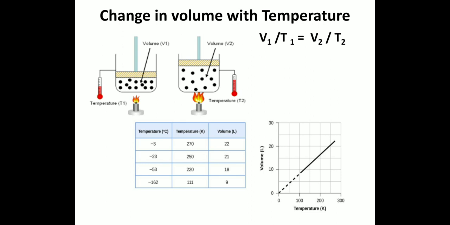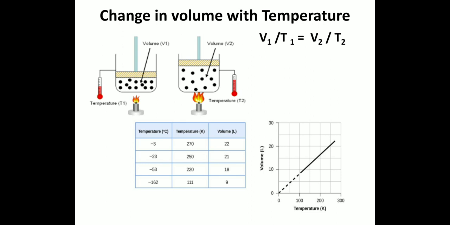It is noted from various observations that the ratio between volume and absolute temperature remains constant, and it verifies Charles' law. If we plot a graph of volume versus temperature, a straight line is obtained, which shows that volume is directly proportional to the absolute temperature.